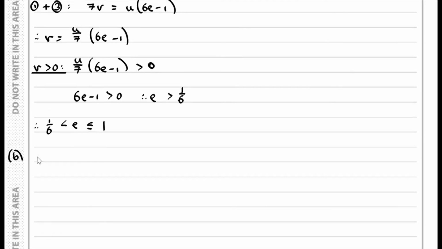So when E is equal to 1/3, V is u over 7 times 6 times 1/3 minus 1, that's u over 7.